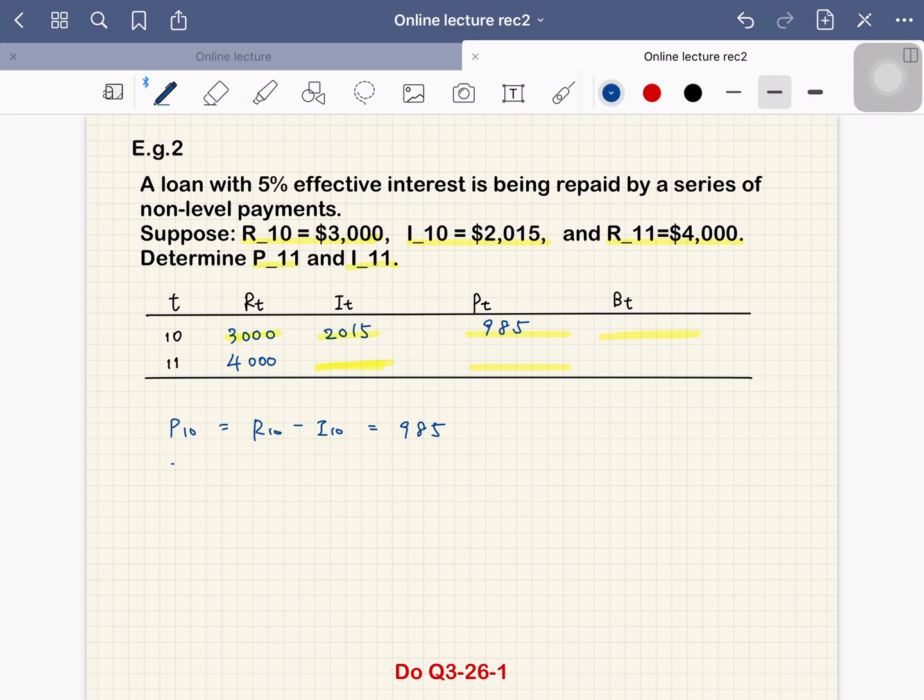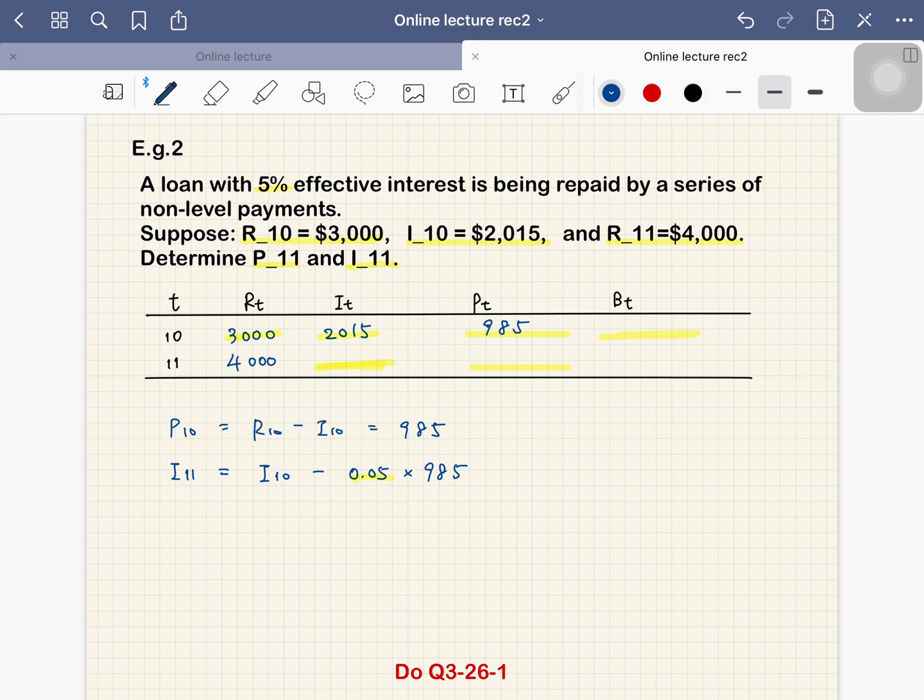Okay, so think about I11. I11 is I10 minus the interest rate 0.05 times the principal repaid last year. Why?